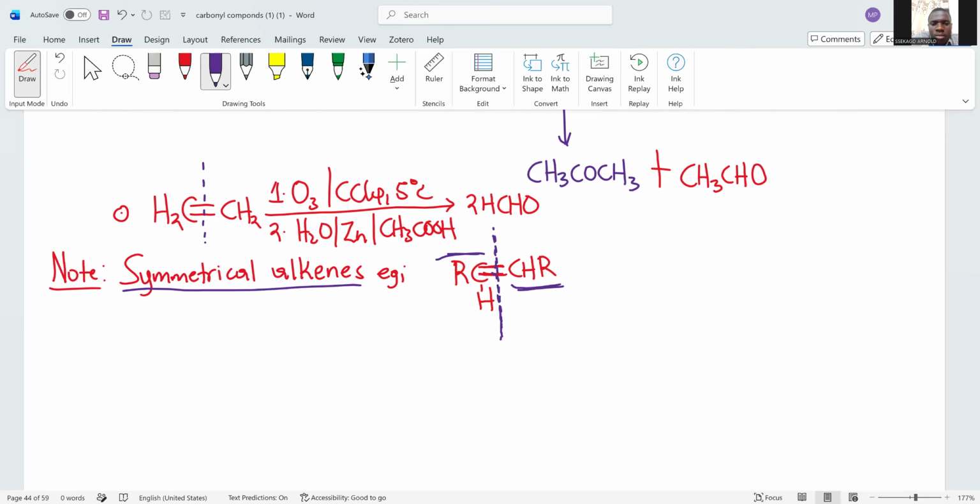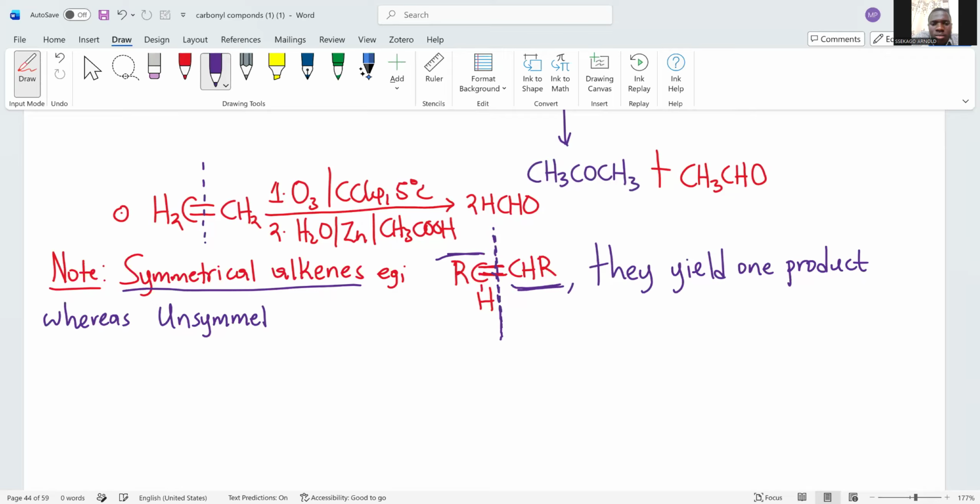Symmetrical alkenes yield one product, whereas unsymmetrical alkenes, in some books called asymmetrical, are different.